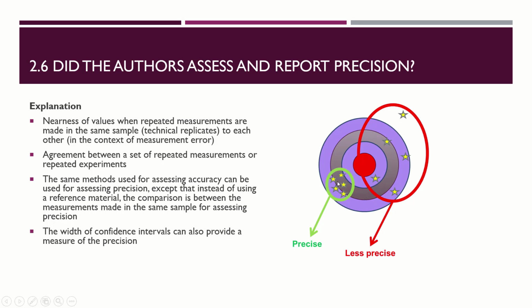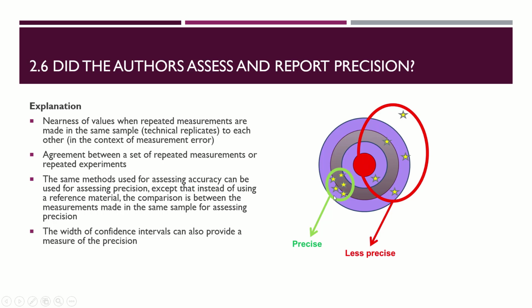So here you can see that all the shots are close to each other. That's precise. And these shots are far apart from each other and they are less precise. Now you can note that none of these shots are close to the bullseye. So that means an intervention or a test could be very precise, but may not be accurate.